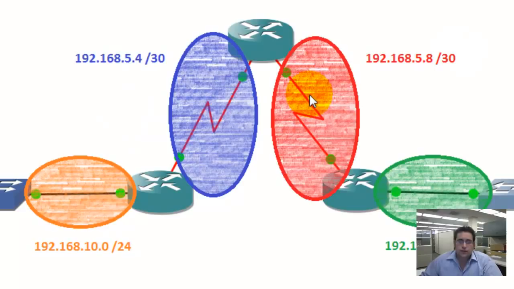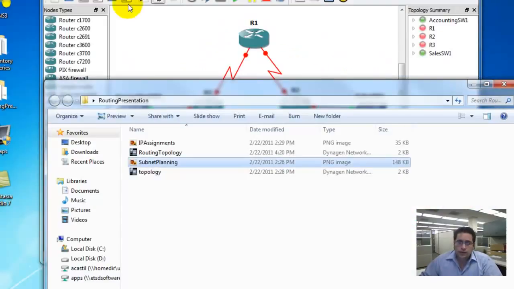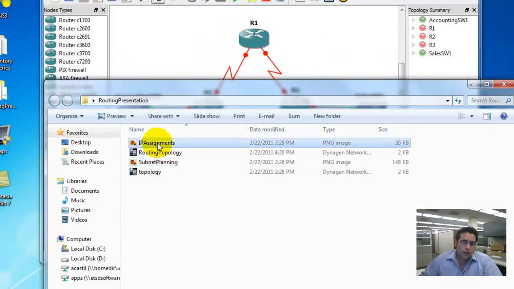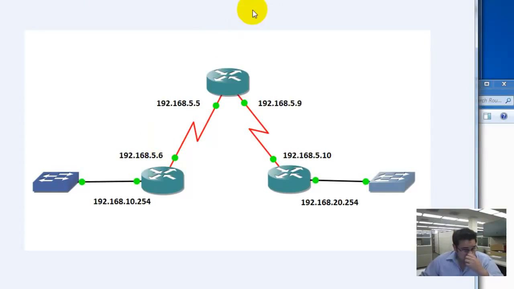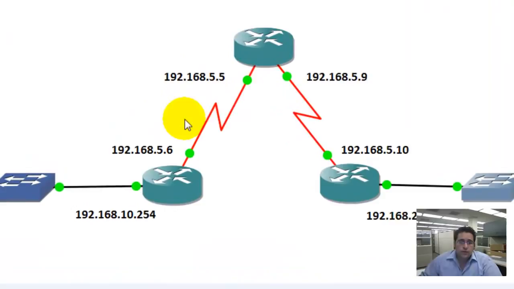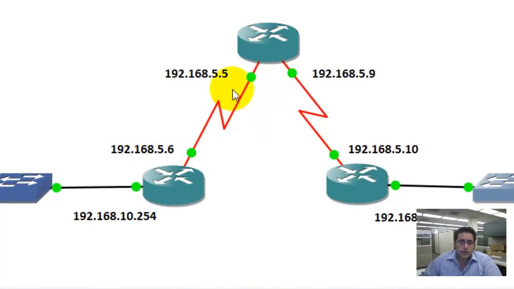Now that we have determined what the subnets are going to be, the next thing we have to figure out is what IPs we're going to be using, and that we have already predetermined. For the .4 network over here, which is between the routers, we have .5 on the top and .6 on the bottom. For the .8 network on the right side, we have .9 and .10.